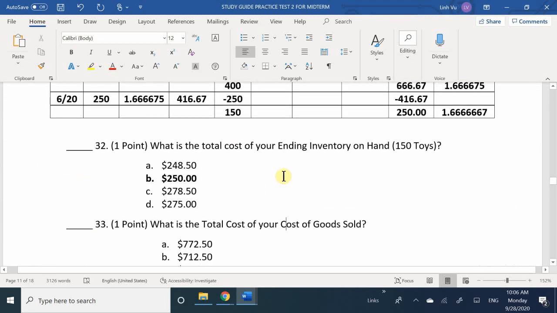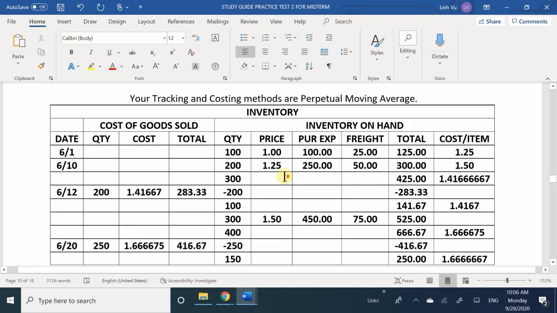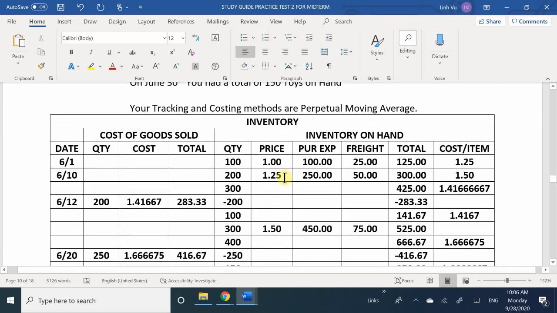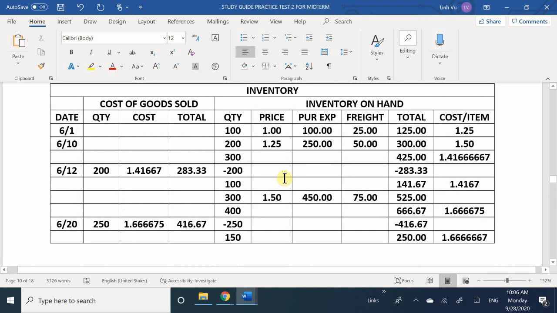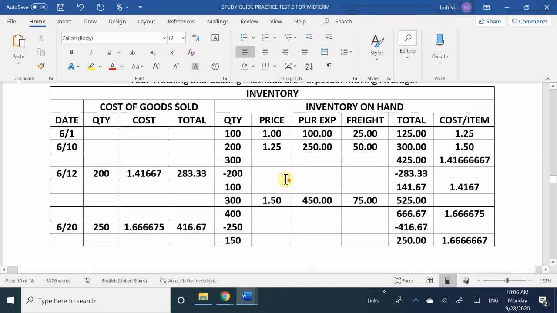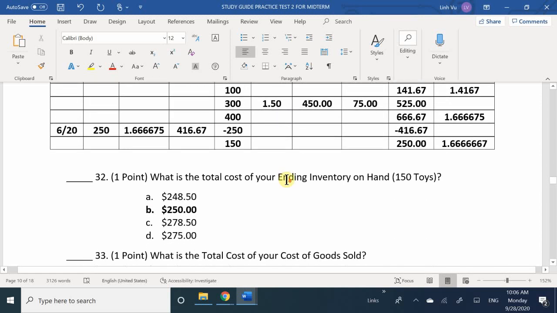All right, any questions in regards to perpetual inventory? So again, this one is the easiest kind of mentality because you're calculating your total purchases and you're subtracting out your total amount that you sell. And in this case, the numbers did come out evenly, like I said, okay?